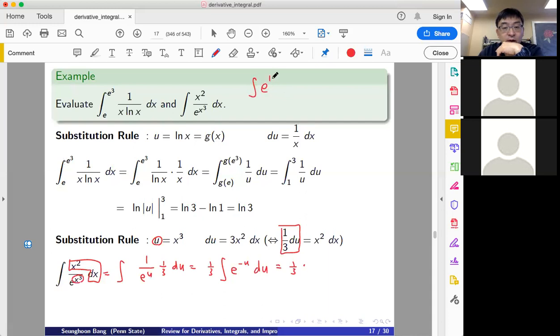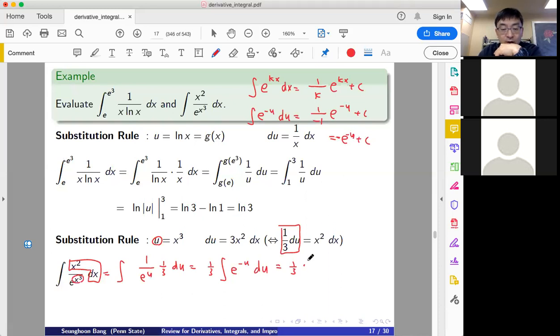The integral of e to the kx dx is 1 over k e to the kx plus c. So in this case, with e to the negative u du, 1 over k is minus 1. We have negative e to the minus u plus c.